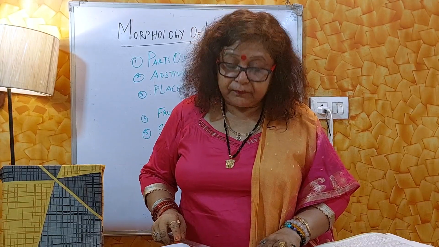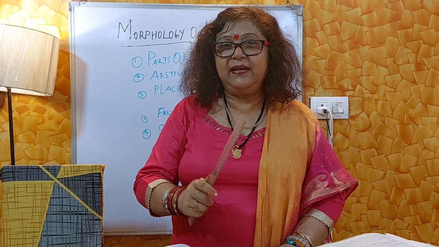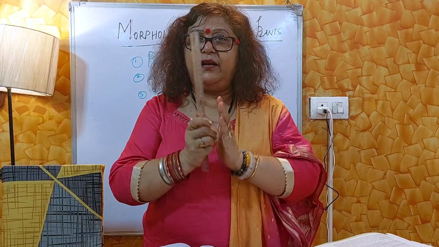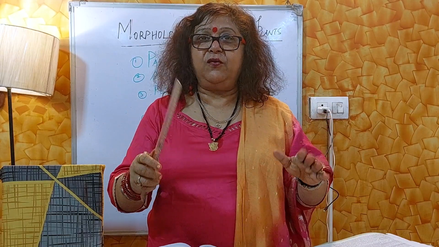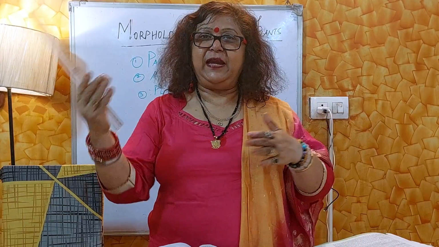Okay. Now we come to symmetry, like an animal body. If you have read in 10th standard, the symmetry of an animal body was told as radial symmetry and bilateral symmetry, if you recollect. So here also the plant has a symmetry. That is, how can you cut a flower into equal parts, along which plane, one plane or any plane, you will get two equal parts, right part and left part.